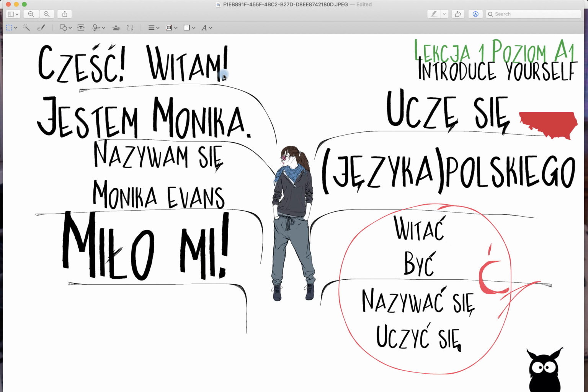You can see that this word here is almost the same as this one here. The only difference is the last consonant. Here we've got the M letter, here we've got the C accent. It's because this is the infinitive. What does that mean? In very simple terms, infinitive is the verb, action word, that doesn't have any grammatical person attached to it. So it's to welcome, as opposed to I welcome, you welcome, she welcomes, we welcome, and so on and so forth.